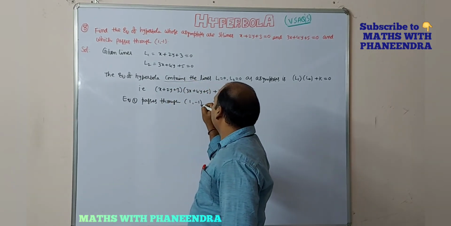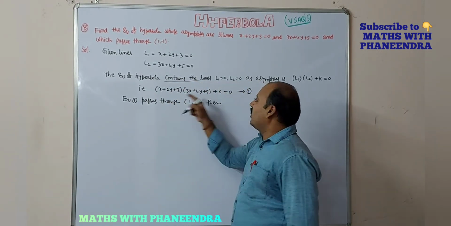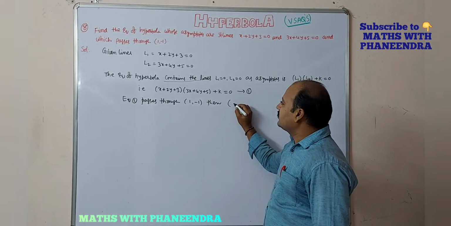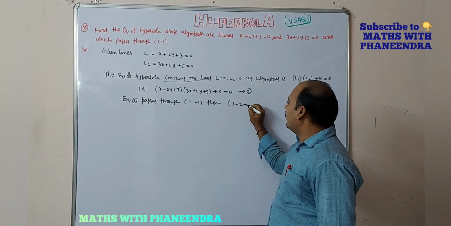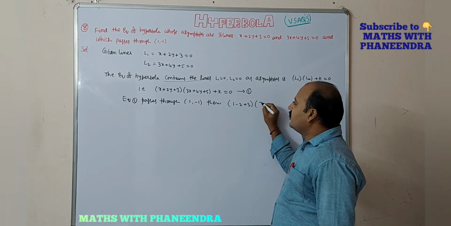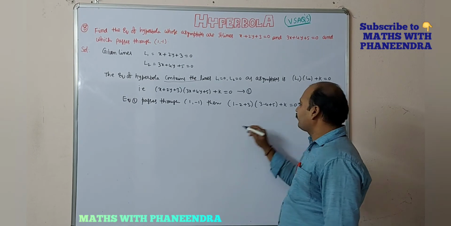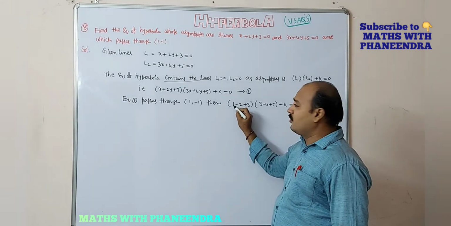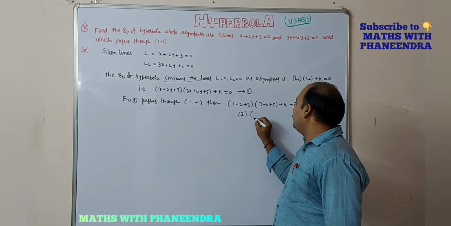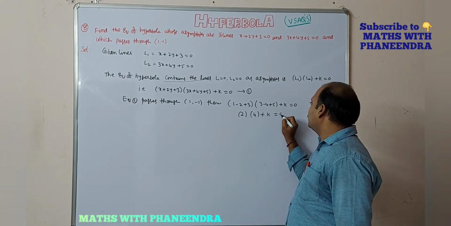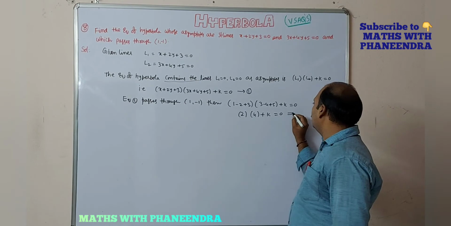Wherever x comma y is there, replace with 1 comma minus 1. So it becomes 1 minus 2 plus 3 into 3 minus 4 plus 5 plus k equal to 0. That is 2 into 4 plus k is equal to 0. So k is equal to minus 8.